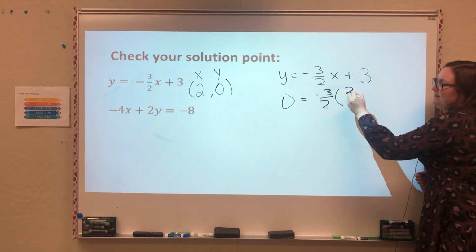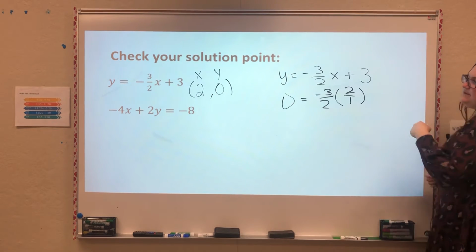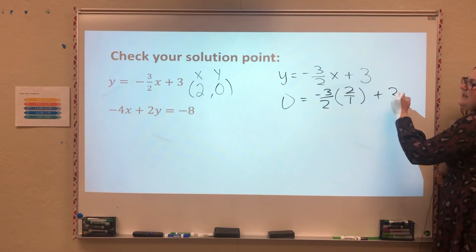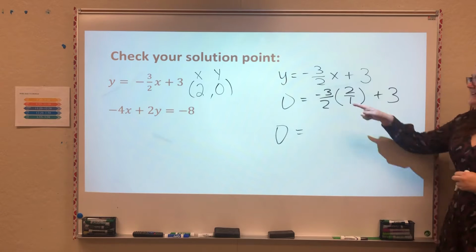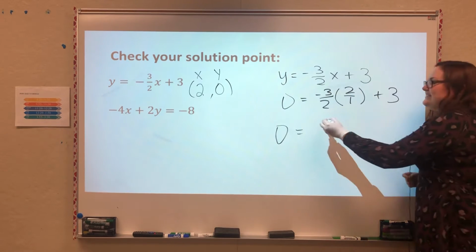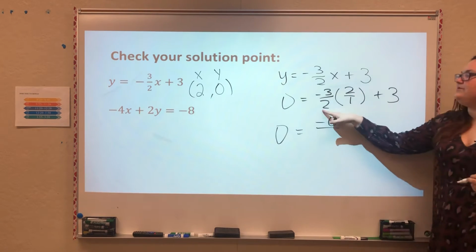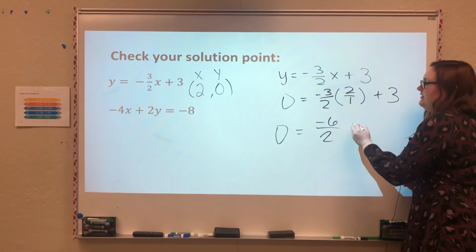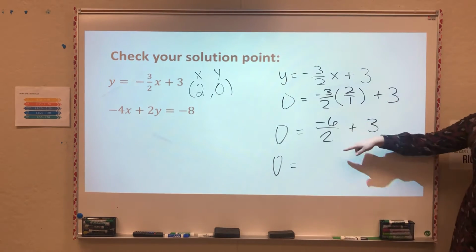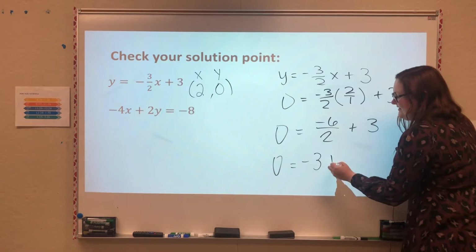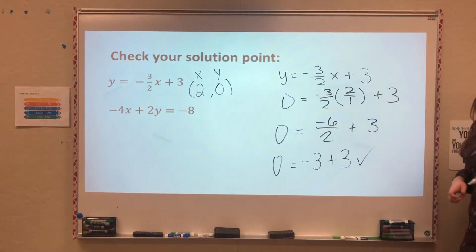X is 2, but I'm going to write it as 2 over 1 to help me with the multiplying fraction. And then plus our 3. We get 0 equals negative 3 times 2 is negative 6. 2 times 1 is 2. And then plus 3. Here we get negative 6 divided by 2 is negative 3. And negative 3 plus 3 is in fact 0.